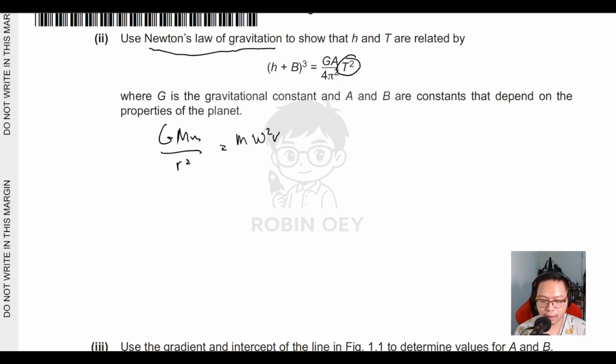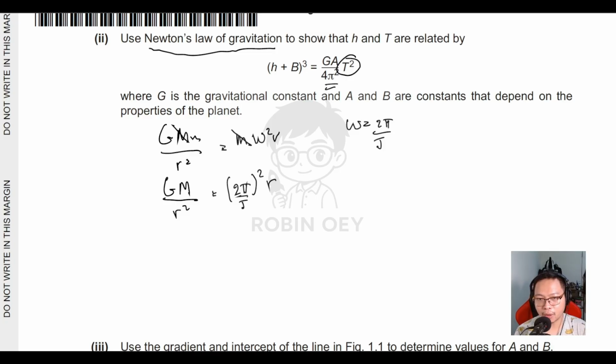And from here I cross out the mass, we are left with GM over r squared equals, as we know, omega is 2 pi over T. So if we substitute that, we will get 2 pi over T, squared, times r. Why do we need to change it?